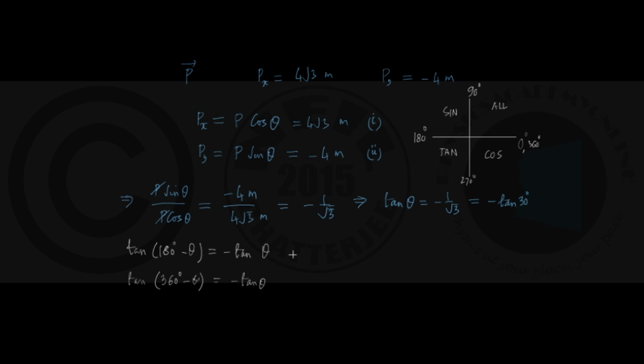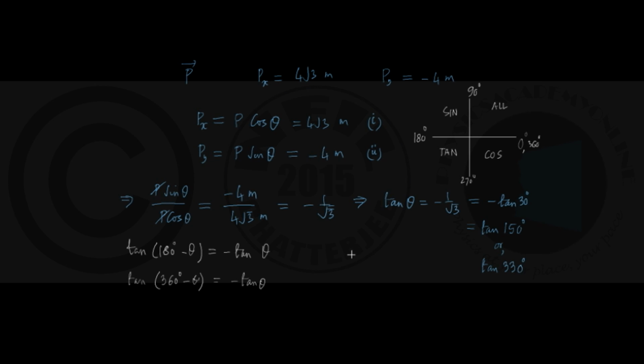So if you know these two formulae, you can easily argue that here minus tan 30 degree can be either tan 180 degree minus 30 degree, that is tan 150 degree, or it may be tan 360 degree minus 30 degree, that is 330 degree.